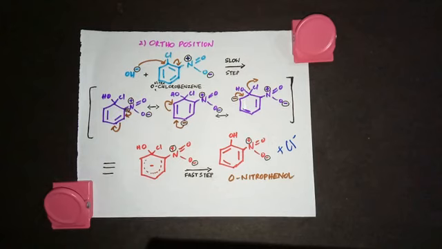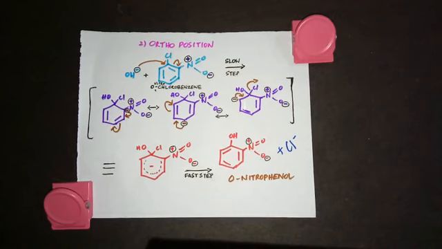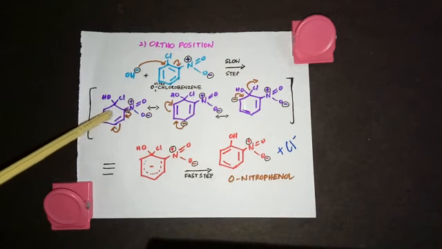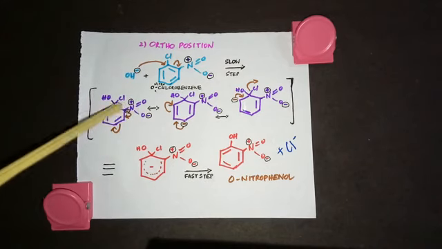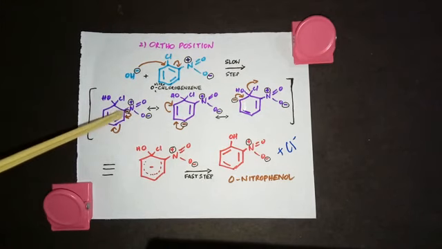When the NO2 group is at the ortho or para position, that NO2 can effectively withdraw electrons from the benzene ring because the electron can enter into the NO2 group by resonance only when it is present at the ortho or para position, because in the para position also, in one of the structures we saw a negative charge on the carbon to which NO2 is attached.